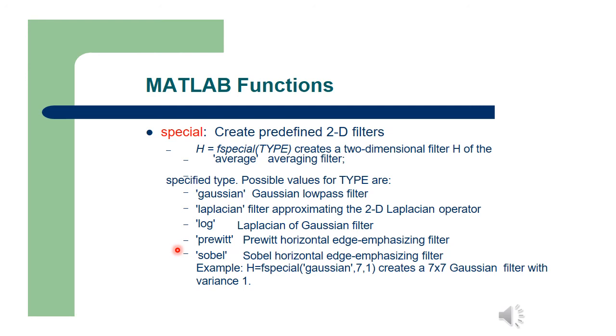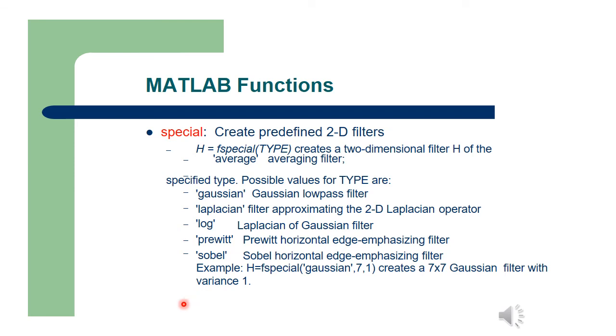Then there is log, which is Laplacian of Gaussian, and it is used to detect edges. Then there is prewitt, used to detect horizontal edges. And we have the Sobel operator for the detection of edges.